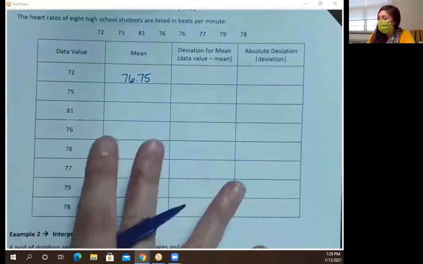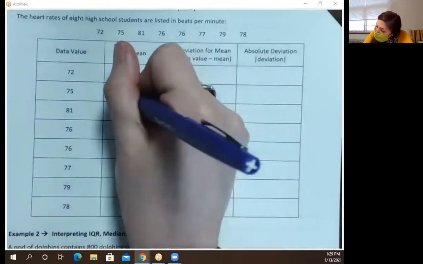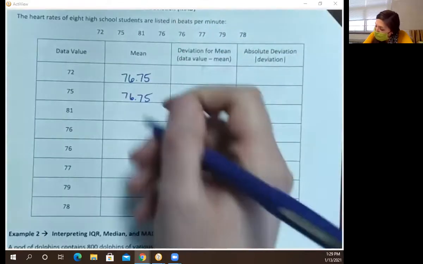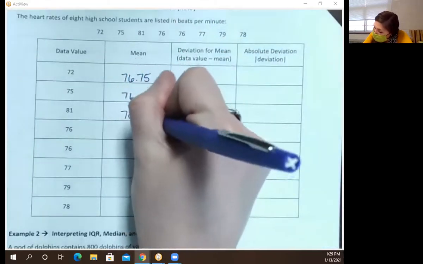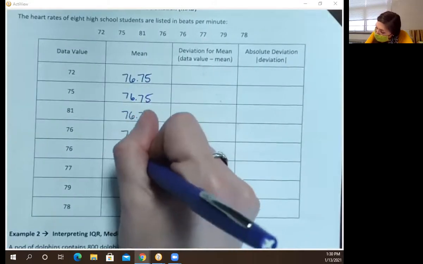I have a table here formatted for us to make these next few steps a little bit easier. So I want you to please fill in the mean for every spot in this column.